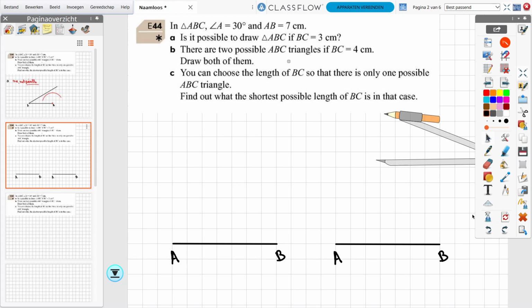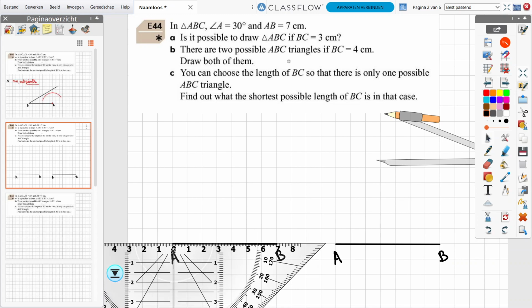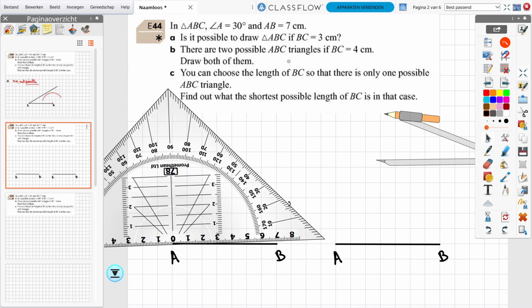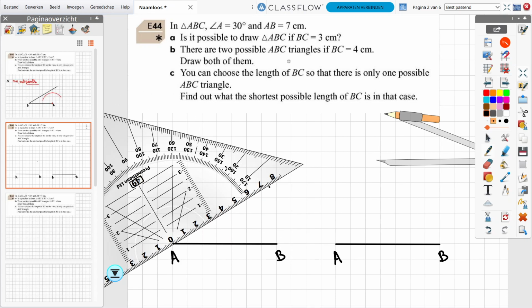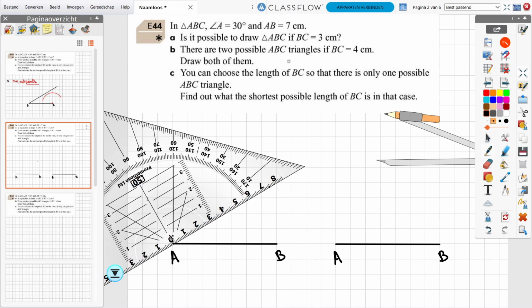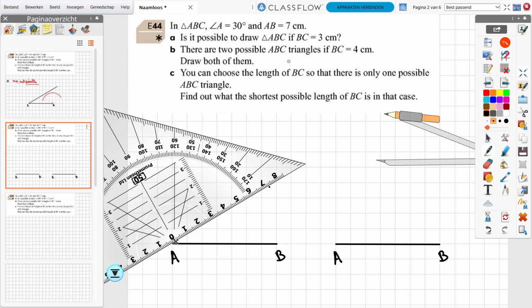Angle A is still 30 degrees, so that means we start the same way as we did before, right? So 30 right here, and let's draw the angle, something like that.